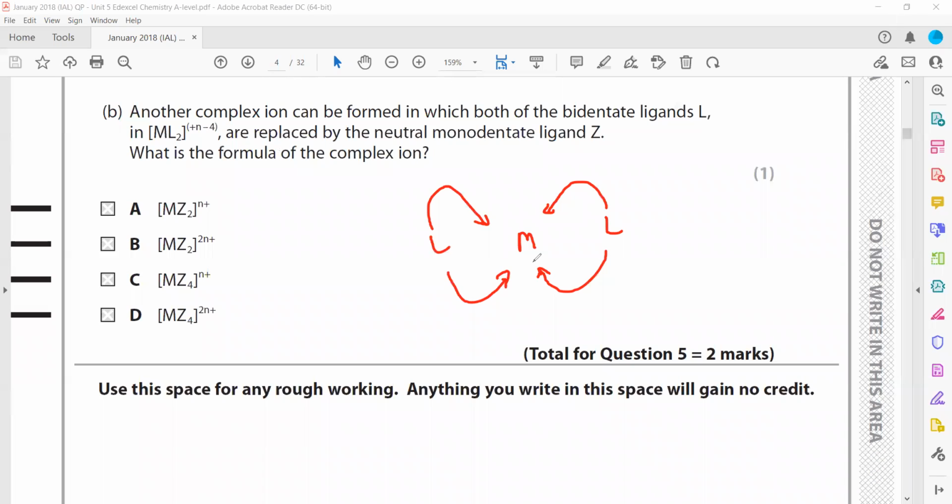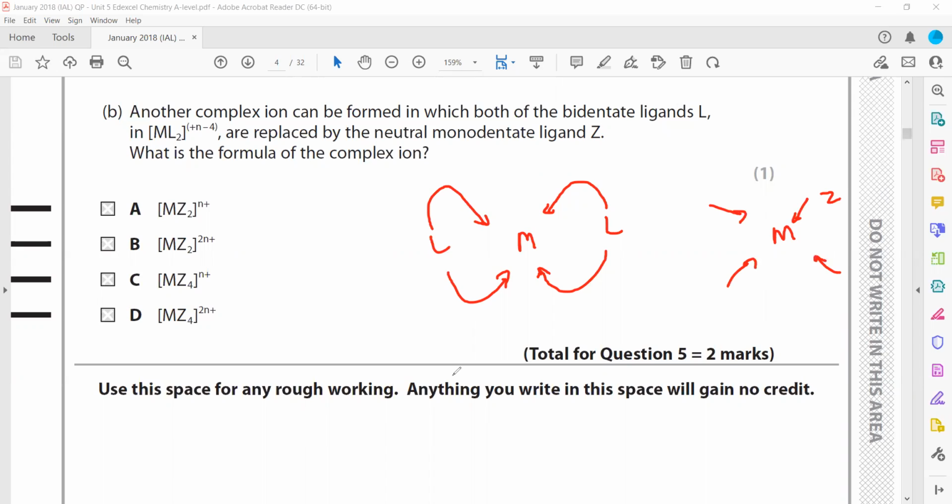That is bidentate. But if these bidentate ligands are replaced by monodentate ligands, so if Z is monodentate, the coordination number will form 4 bonds.